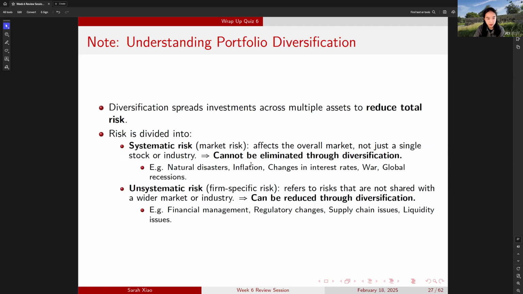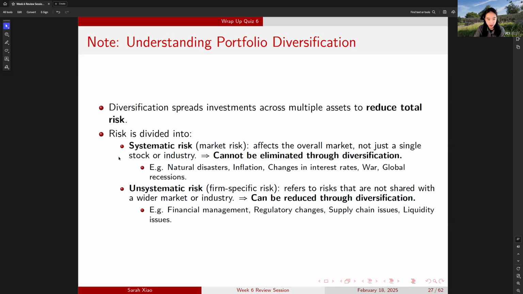So first, I want to review the concept of portfolio diversification. Diversification spreads investment across multiple assets to reduce the total risk of investment. There are two types of risk.